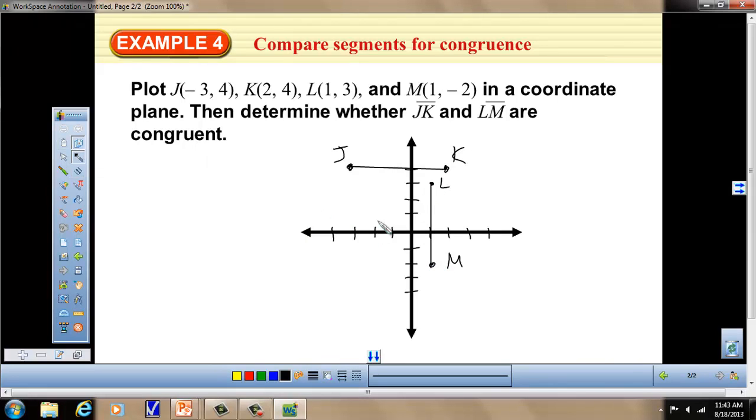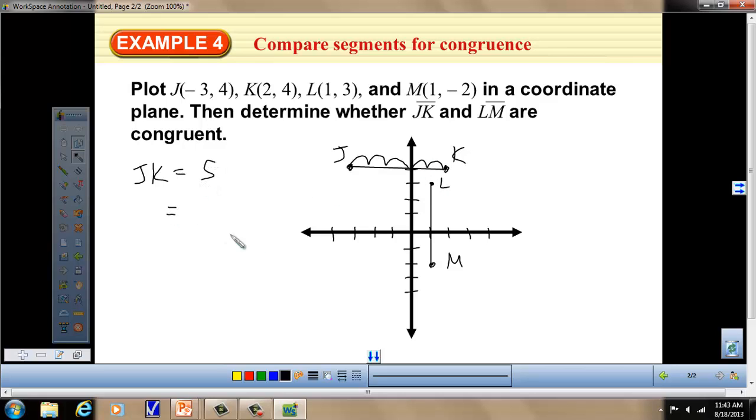So if we want to find the length of each, I'm going to give you 2 ways of doing this. One way we can do it is if we want to find JK, we can literally just count. And if you notice, J is 3 spaces away from this y-axis, and then K is 2 away from the y-axis. So if we do that, it's literally 5.